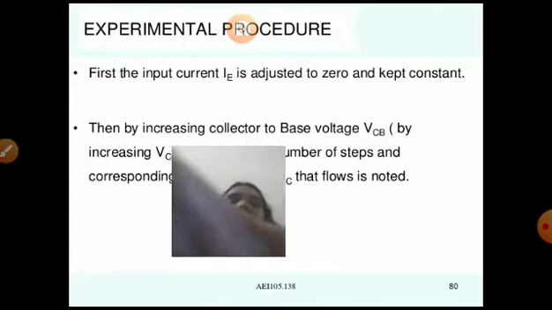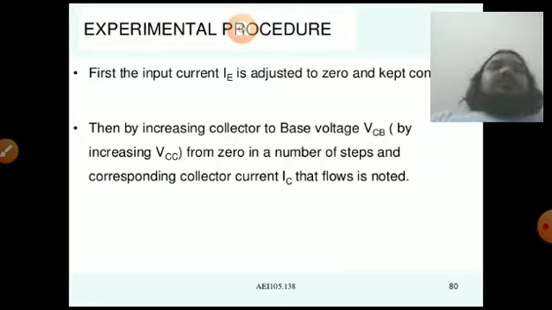Next topic is the experimental process for the common base configuration in transistors.